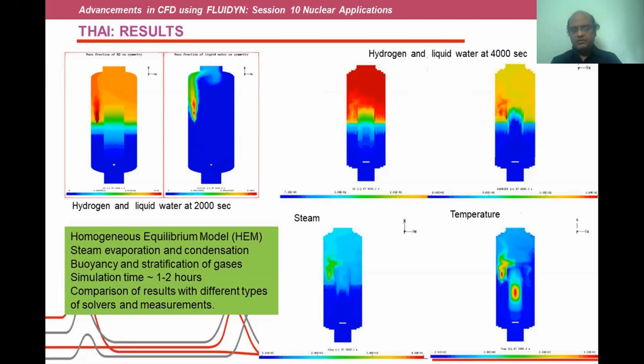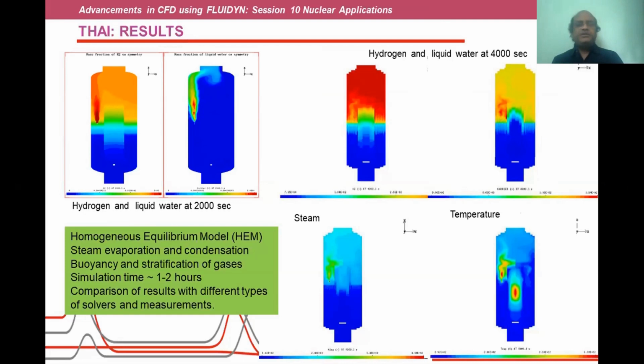Flammability limit means there is a certain limit. For example, if the hydrogen volume fraction is between, say, 4% and 75%, it can get ignited. There is a lower limit and an upper limit. So the ventilation systems, the vessel design, etc., should be such that even in case of an accidental release of hydrogen, it should not form a reactive mixture within the flammability limit.